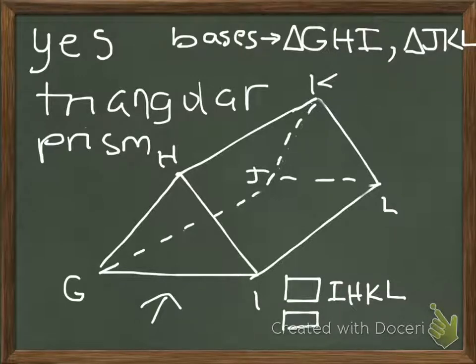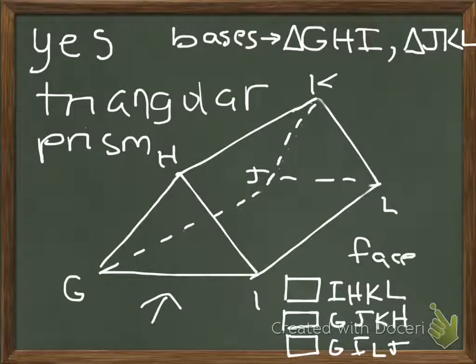We have GJKH, that's another side. And then the bottom, GILJ. And these are all considered the faces, basically the other flat surfaces besides the bases.